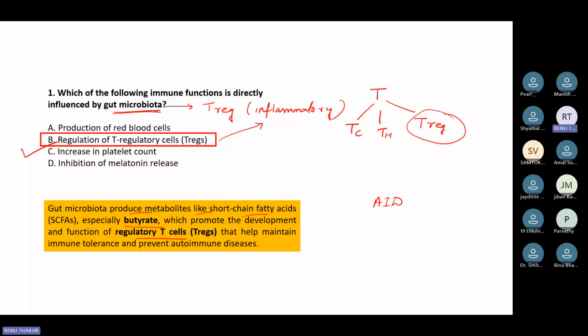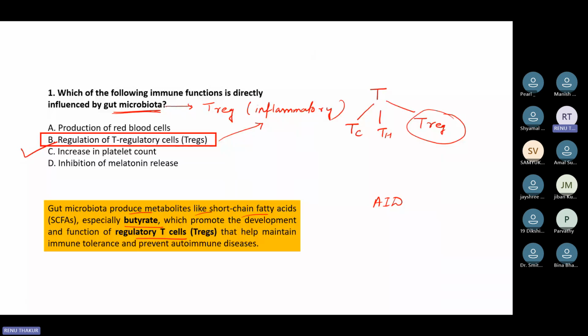So in this question, I have asked which of the following immune functions is directly influenced by the gut microbiota. The answer is the regulation of T regulatory cells, which is under the control of the gut microbiota. They stimulate the growth of the T regulatory cell, which is ultimately involved in the inflammatory responses.